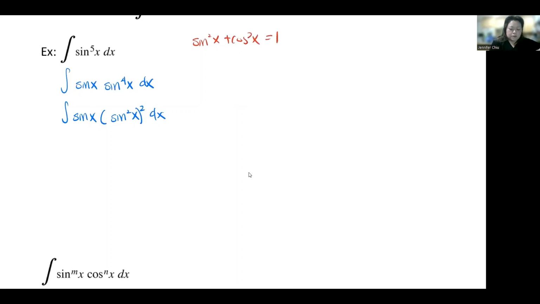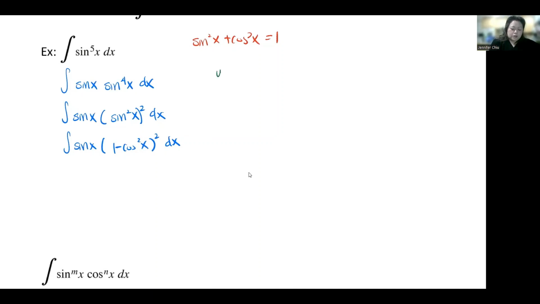Hence, sine squared x can be replaced by 1 minus cosine squared. So you have sine x, 1 minus cosine squared x, squared, dx. And now the u substitution is very nice, because if you sub u as cosine, then your du is out here where the sine x is. So your u substitution should be a little bit clearer now.